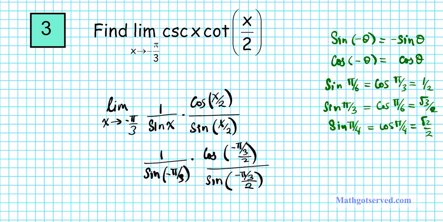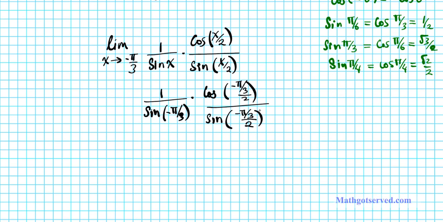Let's work this out. Since sine is odd, we can write this as negative sine of pi over 3. Now if we resolve this, negative pi over 3 divided by 2 is the same thing as negative pi over 3 times the reciprocal of 2, which is 1/2.